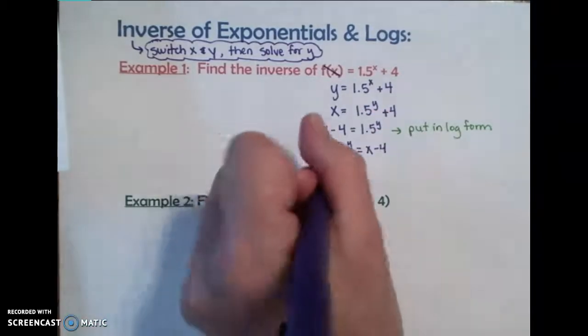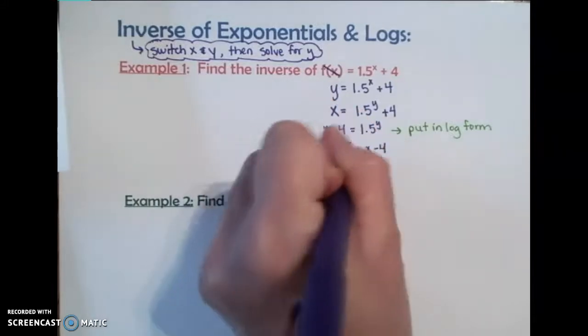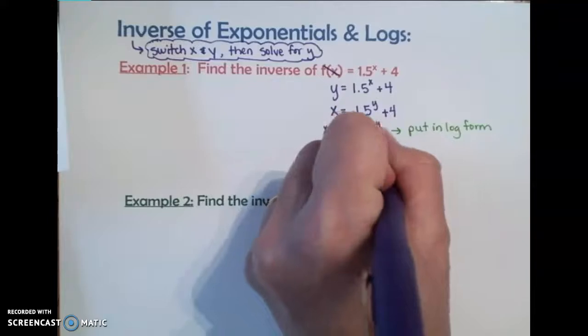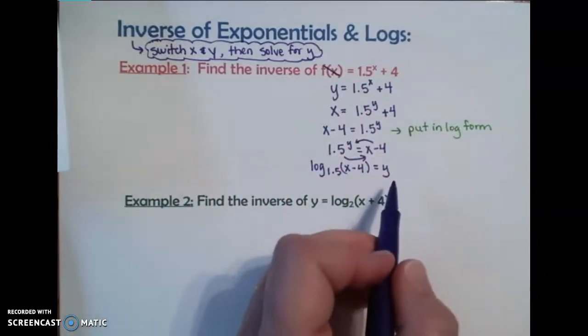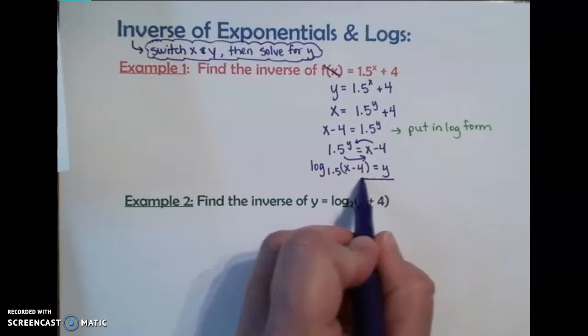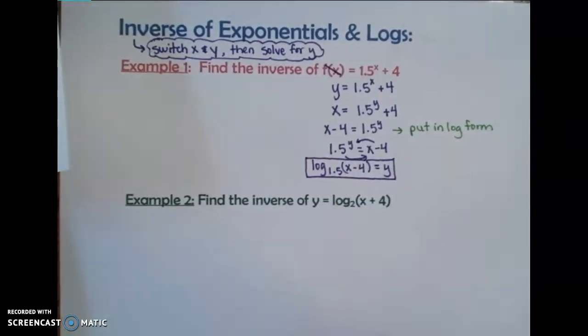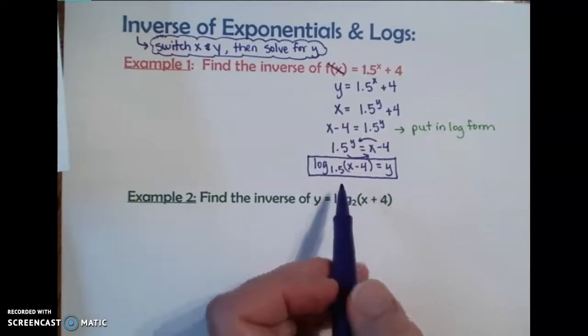So then you're going to go log of my base, go out, equals, come back. So you now have y by itself. So you've solved, or you've created the inverse for that function.